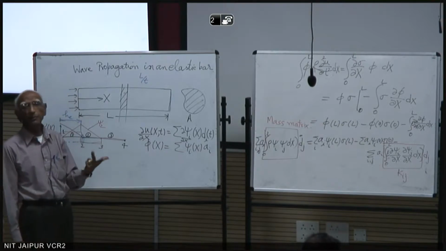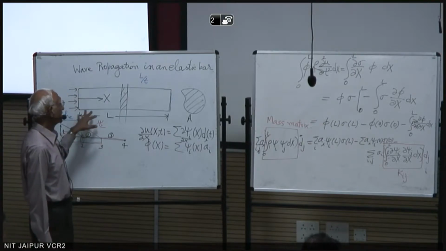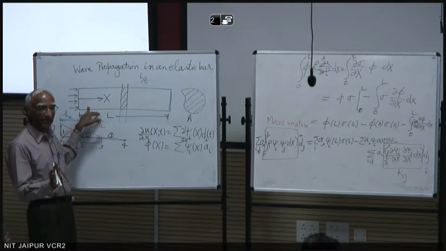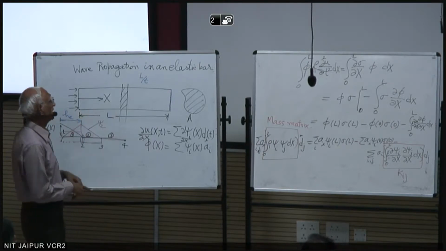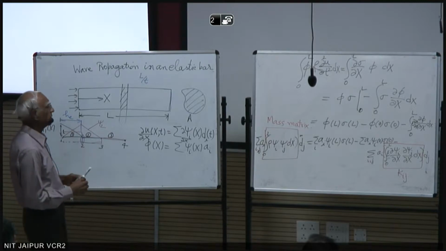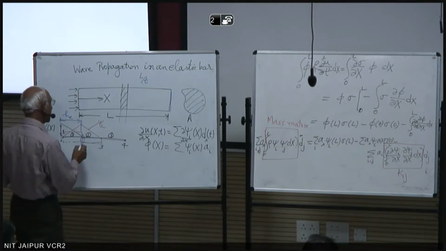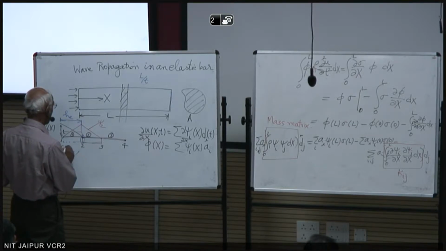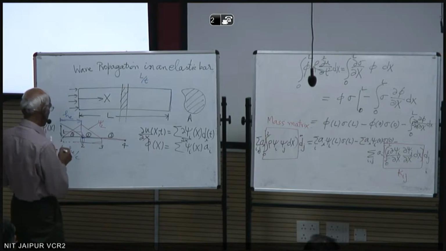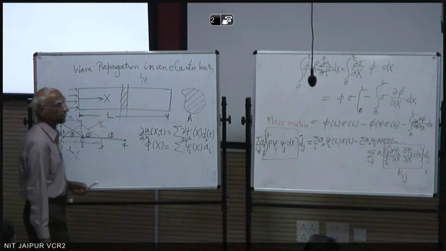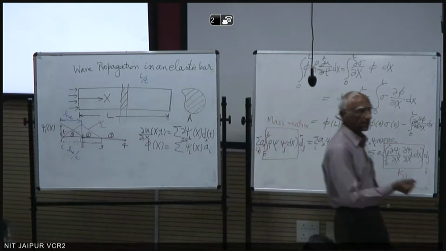So what should happen is that supposing node 1 is displaced at time 0, you should see that node 2 is displaced by the same amount after time h over c. h is the distance, c is the wave speed.